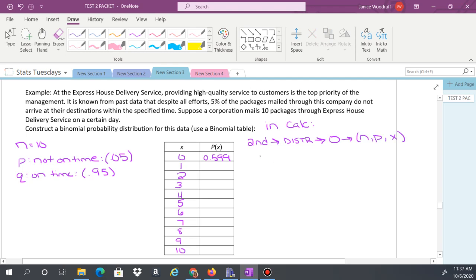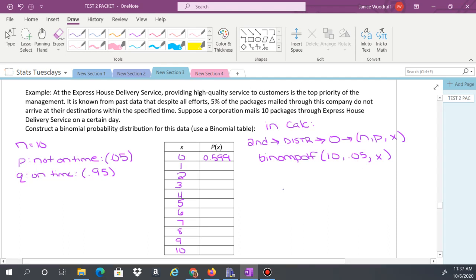So I am doing this command, binomial PDF, and then 10, 0.05, and then the X changes. Okay, I can do that each time, or I can put it in a list.